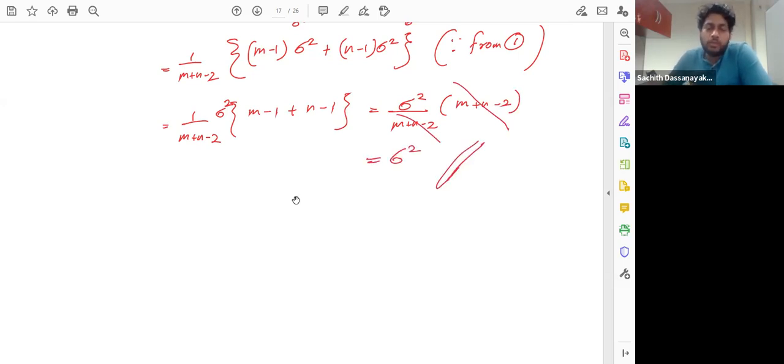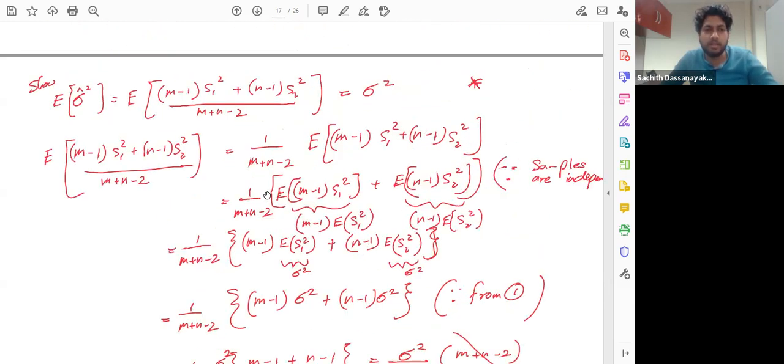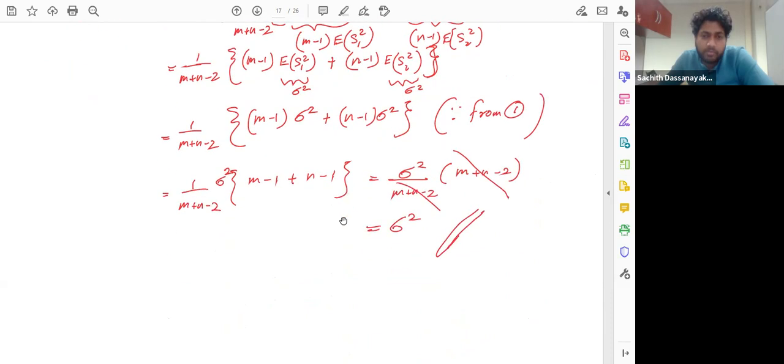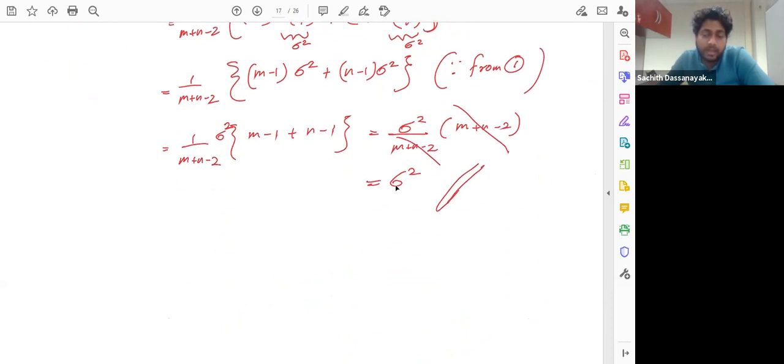So you are done, that's what you had to show. We started from showing that whatever is inside the expected value is an unbiased estimator for sigma squared. We proved that the expected value equals sigma squared, so easily we can say it is the unbiased estimator for sigma squared.